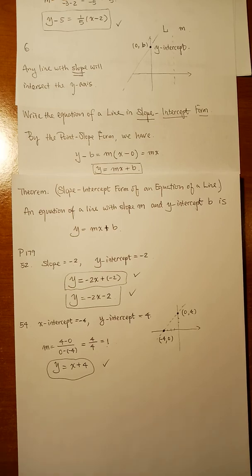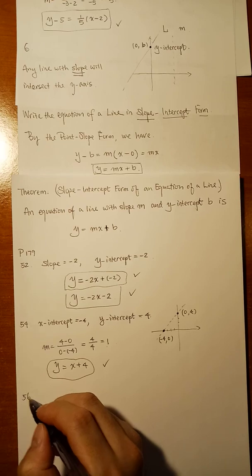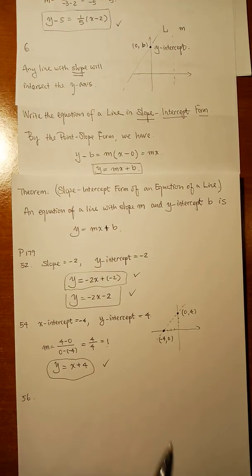Okay, let's see 56. In 56, we're writing the equation of a line with a given condition.